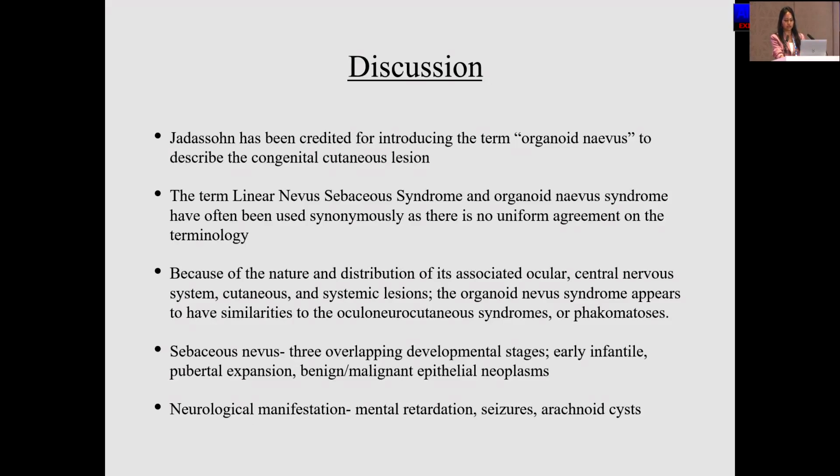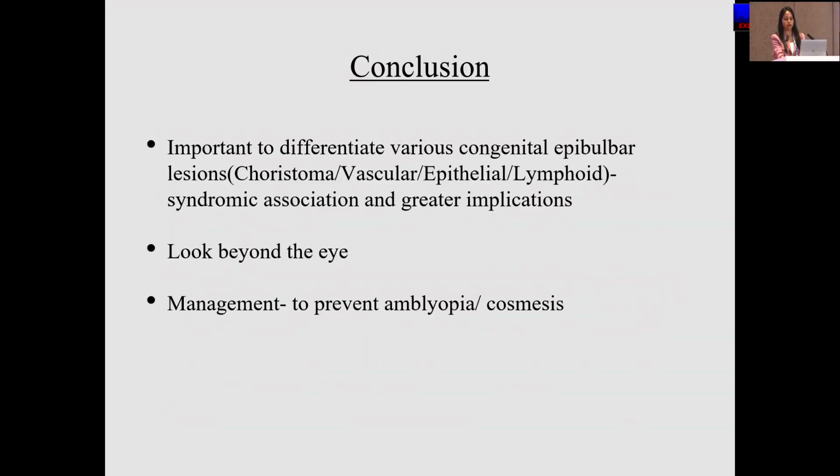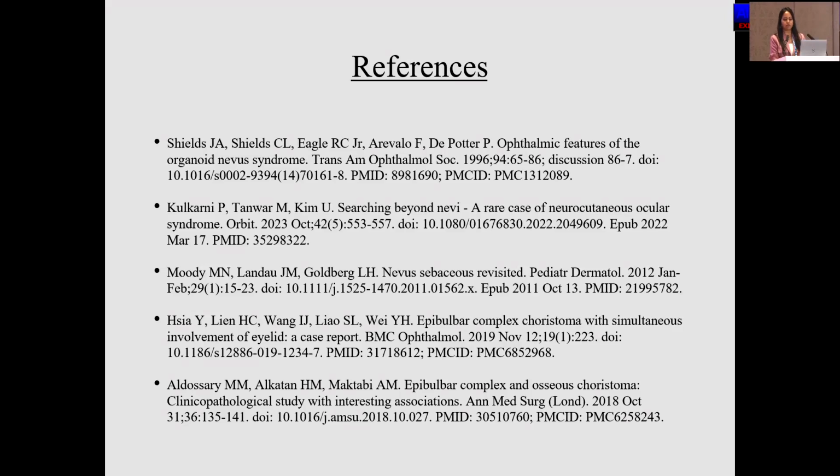Neurological manifestations associated with these are mental retardation, seizures, and arachnoid cyst. So my take-home message would be it is important to differentiate the various congenital epibulbar lesions like choristoma, vascular, epithelial, or lymphoid origin tumors, since complex choristomas have syndromic associations and can have greater implications. The idea is to look beyond the eye, and the management is to prevent amblyopia and provide good cosmesis. These are my references. Thank you.